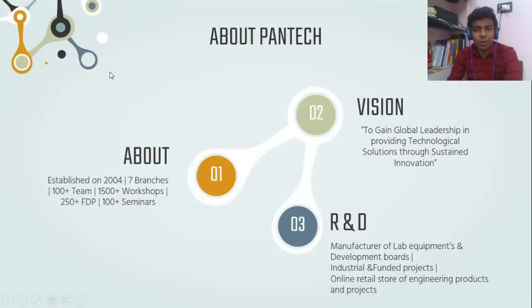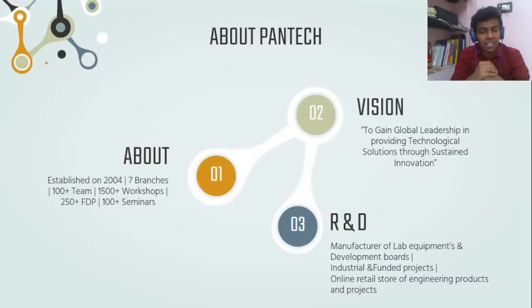If we discuss Pantech, it was established in 2004 and has almost 7 branches and a 100 plus team. We have conducted 1500 plus workshops, 250 plus faculty development programs and 100 plus seminars all over India. Our vision is to gain global leadership and provide technological solutions through sustained innovation.